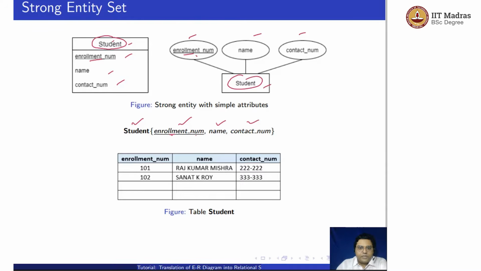We have enrollment number 101, the name is Rajkumar Misra and contact number is 222222. I have taken some arbitrary contact number. Similarly 102 Sanat K Roy 333333. So these are two entities inside my entity set student, right? So student is now a schema and this is a particular instance of the student schema.